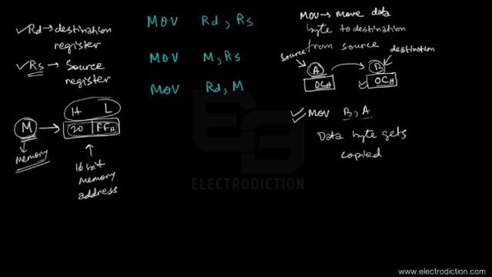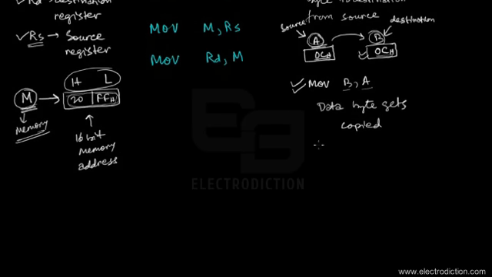Let's give you an example. Say the HL register pair was loaded with this memory location, and now we want to transfer this data byte 0CH from register B into the memory location 20FFH. So we write the command this way. First, identify the source and the destination.